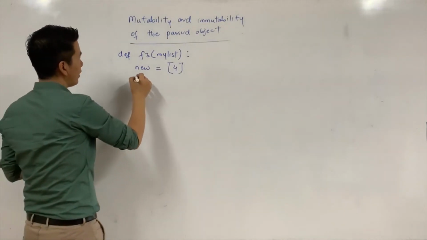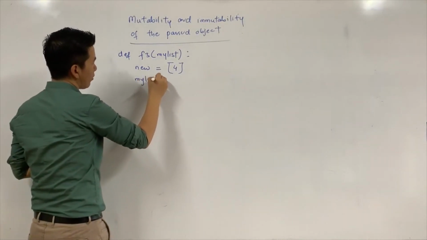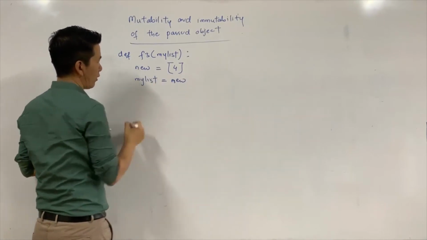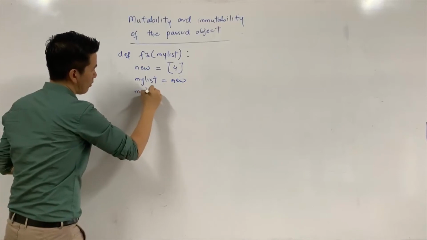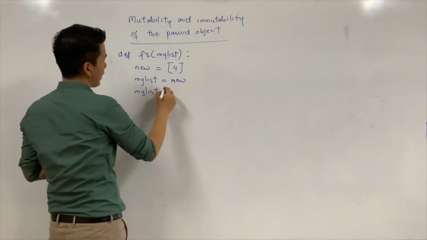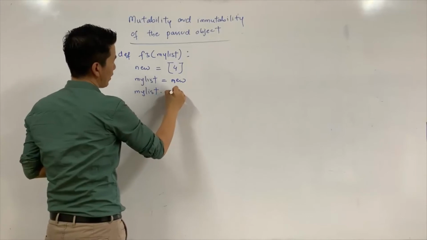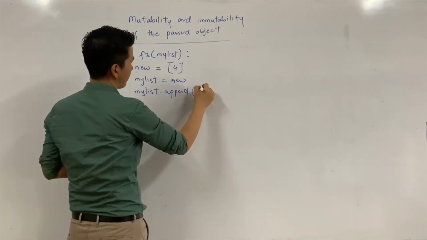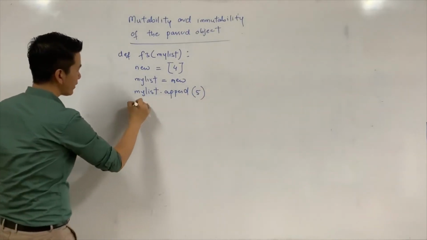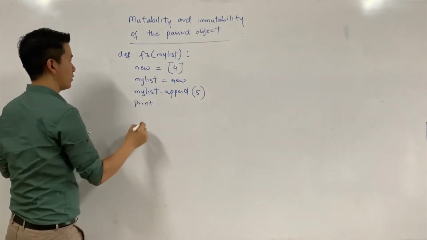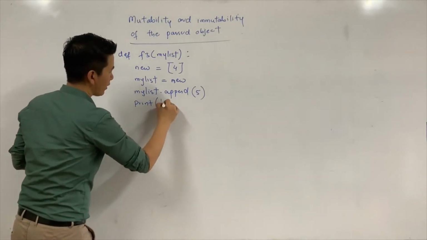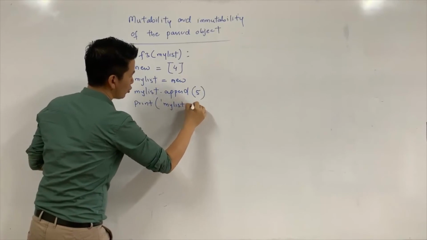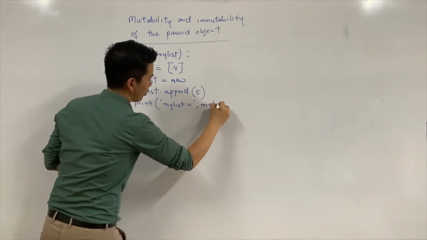And then I assign my list with the new list. Right, and then I make some changes, perhaps I could just append another value, 5. And then I print my list.